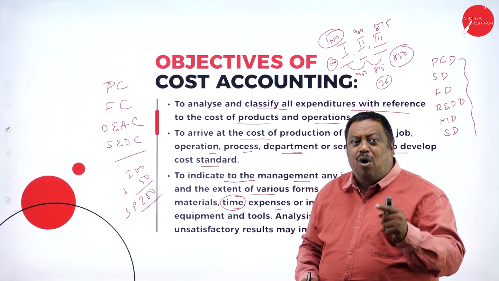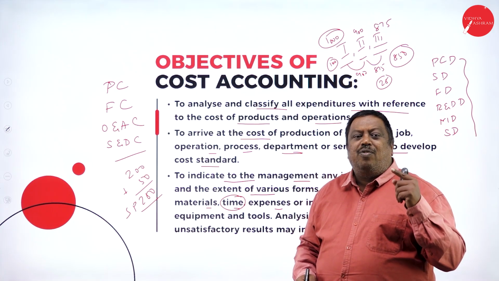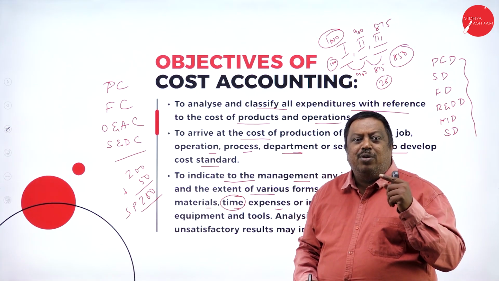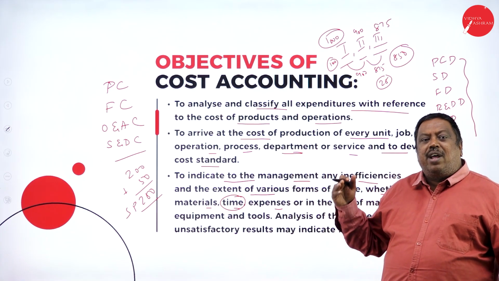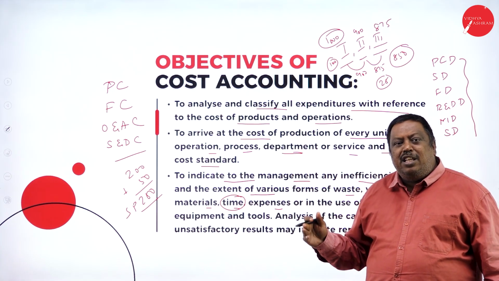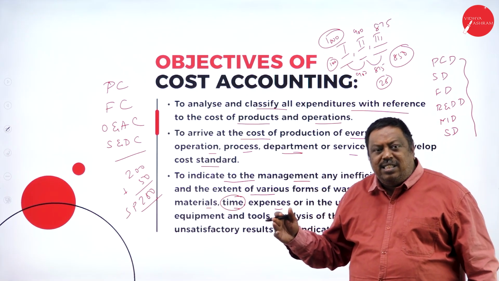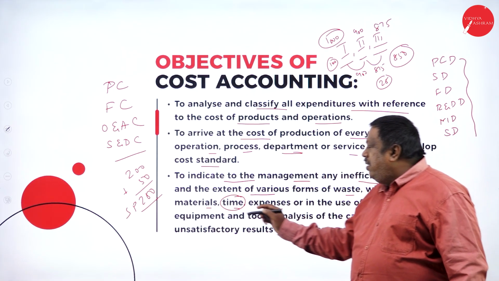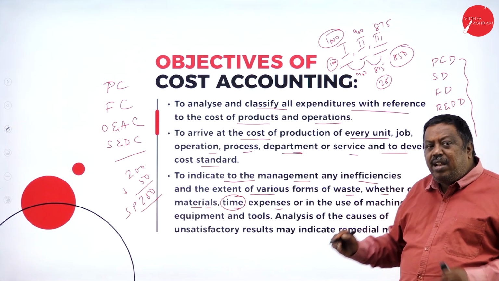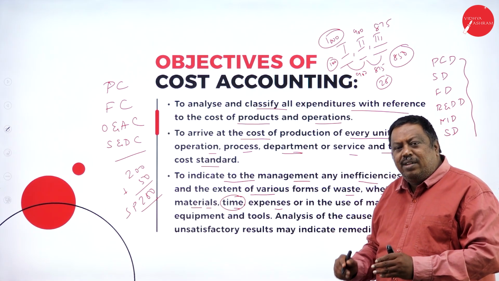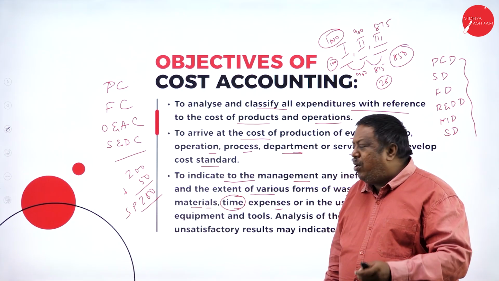If we know all these things, we can avoid a huge amount of cost and expenditure at each and every level of production, or else the management has to face inefficiency in the use of materials, time and expenses. For that reason, the management should know about the cost of the product.